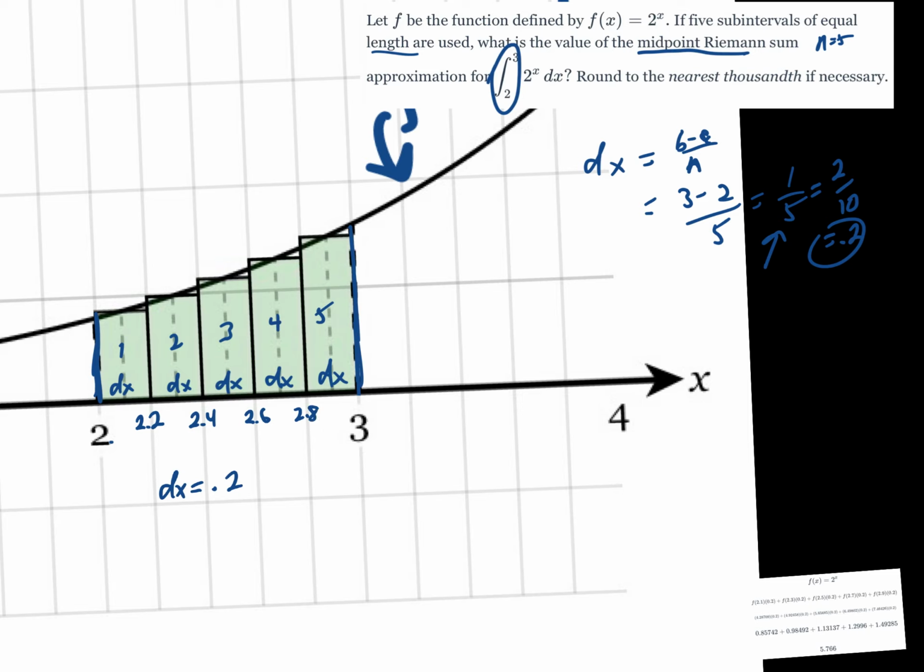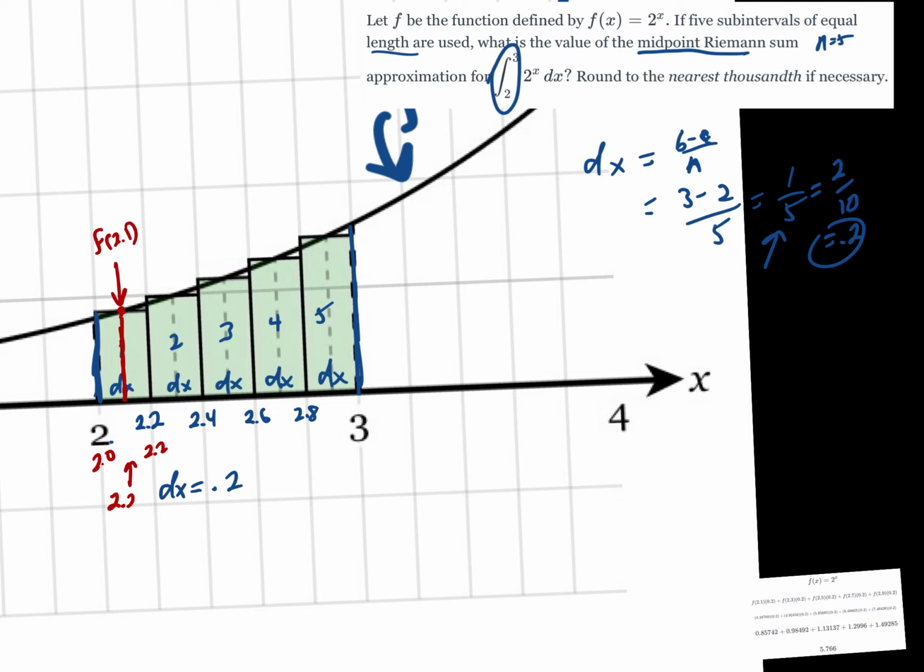Now we're asked to find the midpoint Riemann sum, which means we're going to use the midpoint as the height. So right here, this is going to be f of 2.1. If you can see, this is 2.0 and this is 2.2, so what's the midpoint? In between is 2.1. So the height, we're going to use f of 2.1. Now, if it's not that obvious, how do you find the midpoint?